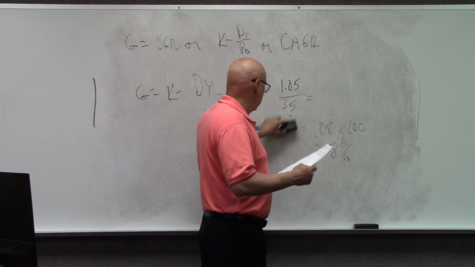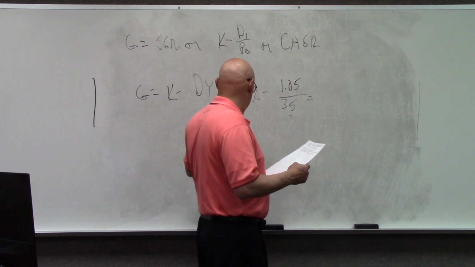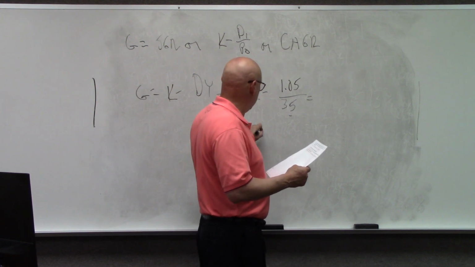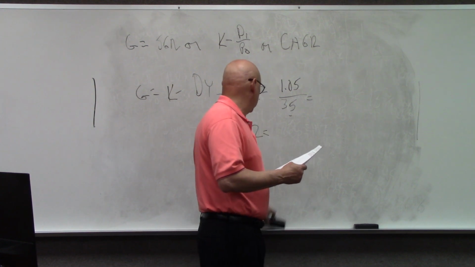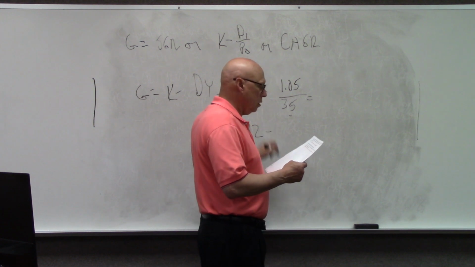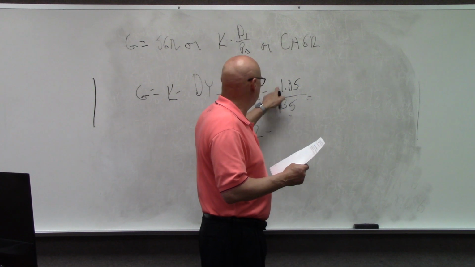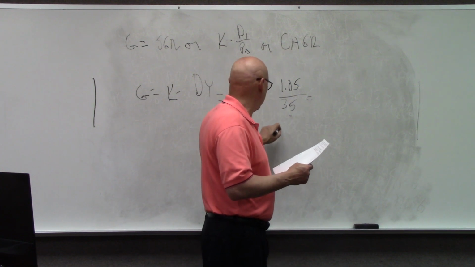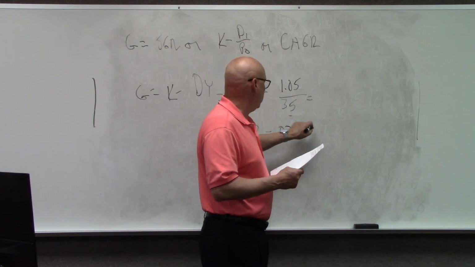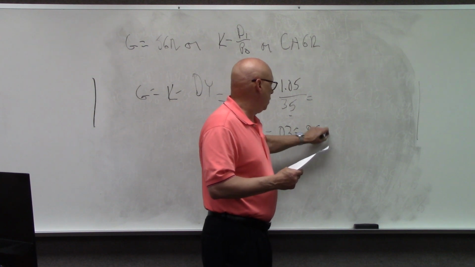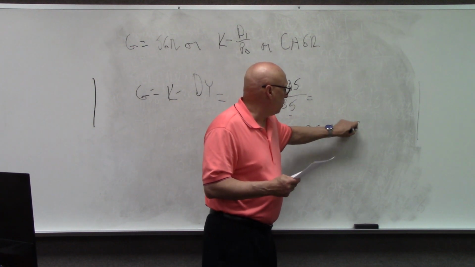So we've got 0.12 minus the dividend yield of 3%, which is $1.05 divided by 35, which is 0.03, and the growth rate is 0.09 times 100, 9%.